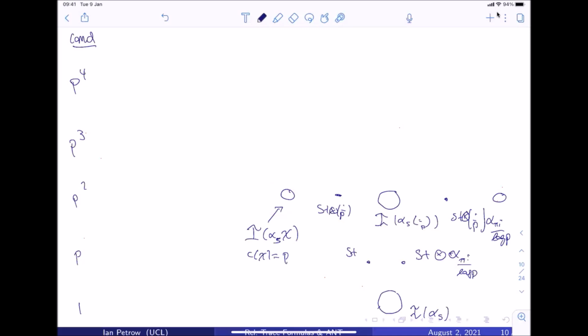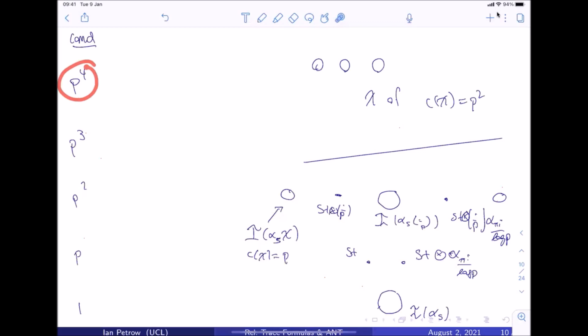And then for these principal series, there's nothing of conductor p cubed, and then there's a whole lot of circles, each corresponding to chi of conductor of chi equal to p squared, and all of these are going to be conductor p to the fourth. Okay, and then there's also some things called supercuspidal representations. And they don't occur until I get to level p squared, but then they occur in every level. Okay, so that's it. That's all of the representations.